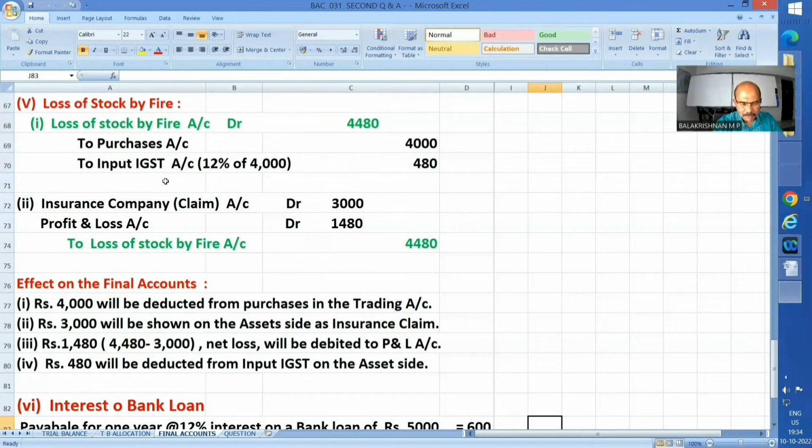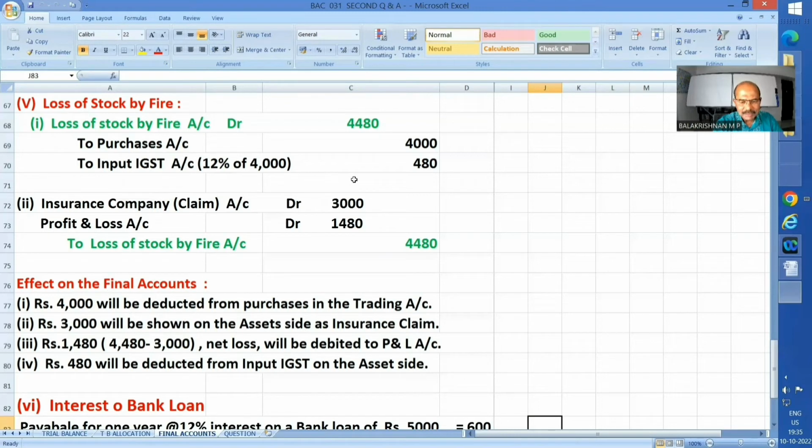When the purchased goods got destroyed, it means you cannot sell it. You can avail your input credit only on the relevant sale. Suppose you purchase an item for 5,000, thereon 500 rupees input credit is there, and if you sell that item, then only you can adjust your output GST. I explained to you just now.